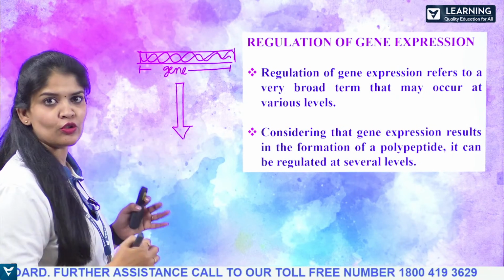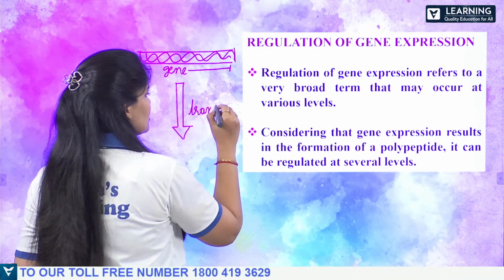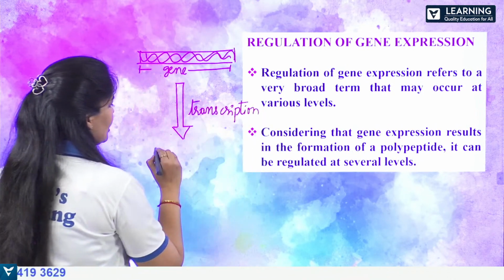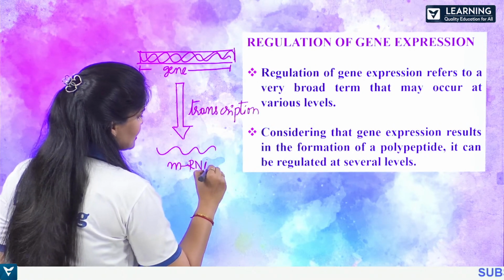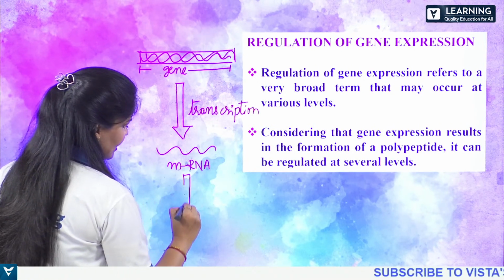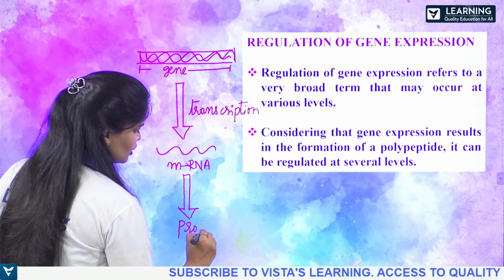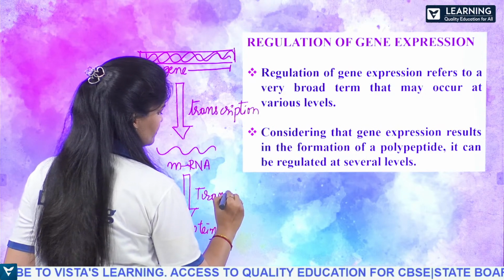The expression of each and every gene happens first by means of transcription. It transcribes into mRNA, and further this mRNA will translate to produce a polypeptide chain, and that is your protein. This is translation.